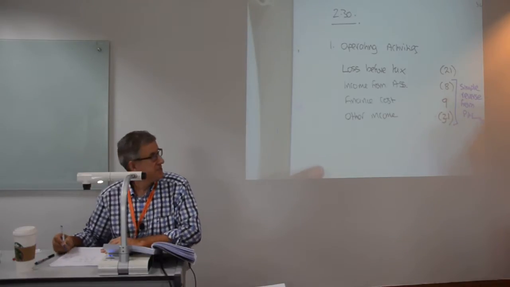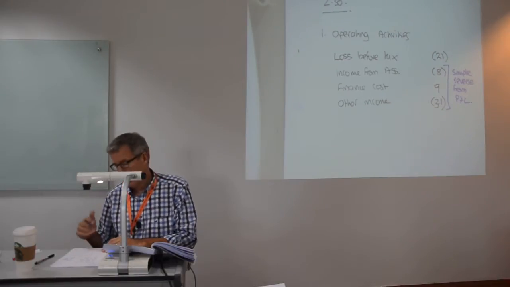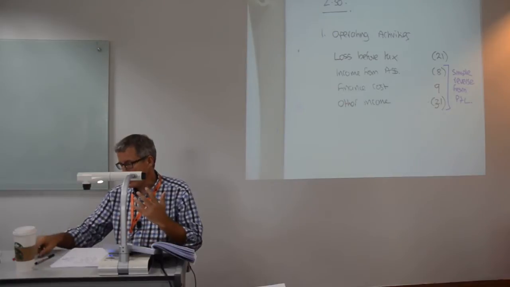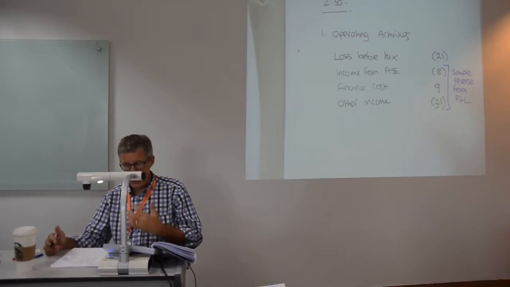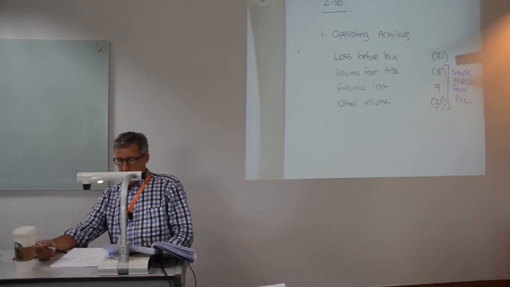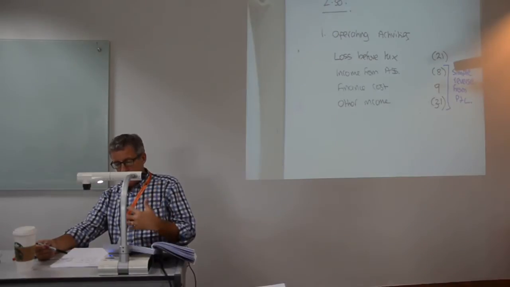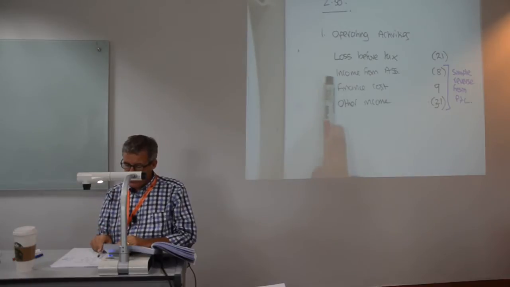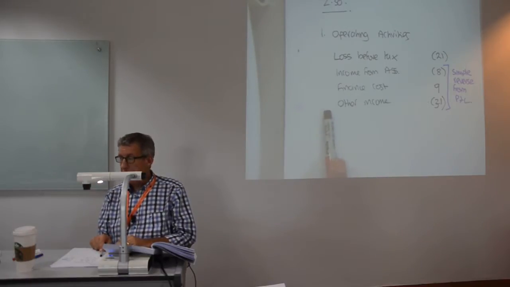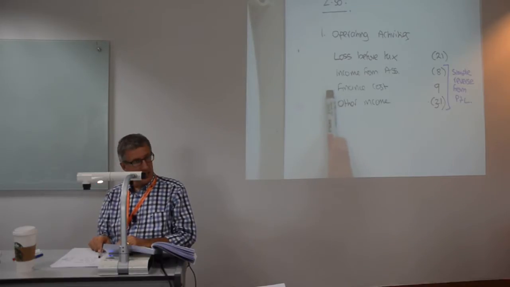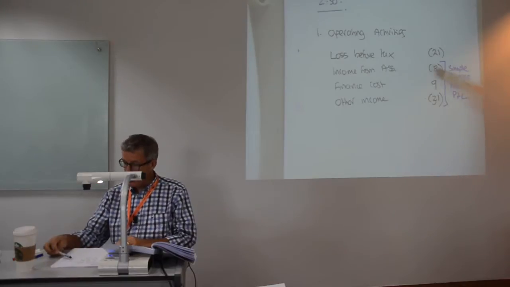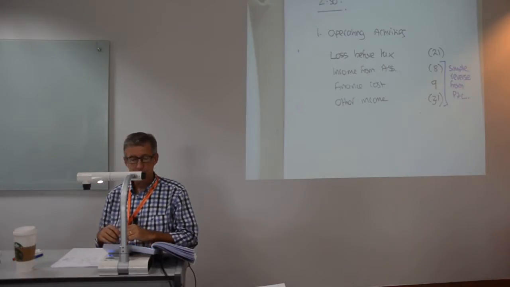So these numbers require no working. I would not be writing this in blue if I was in the exam. I'm just trying to give you a little bit of side commentary that the items are in the P&L and you just reverse them out. I will look for a dividend income for investing. I'll look for other income as investing. I'll look for interest paid as operating. So I know that I will return to these three figures later.